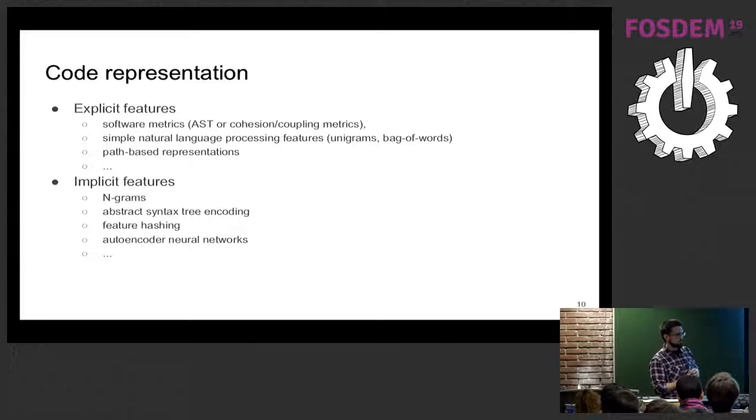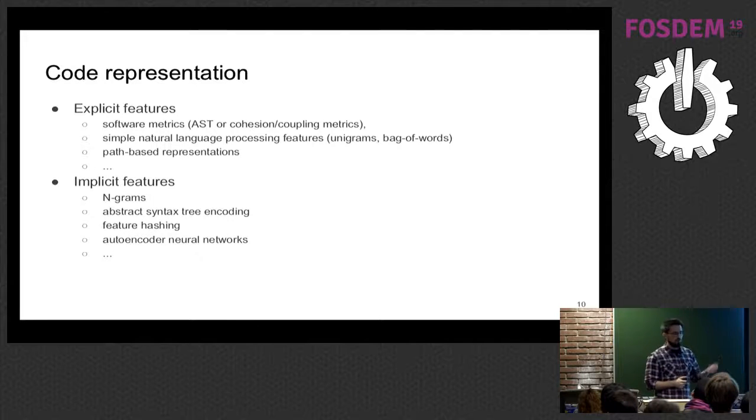But these features are hard to choose. Because, well, first of all, software metrics are a very gray area because they mostly rely on opinions on what good code is, and this is highly subjective. Also, it's hard to choose them because when you don't know what you're looking for, you have to precisely specify what you are looking for with these metrics.